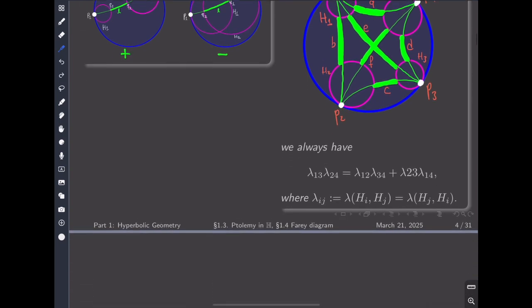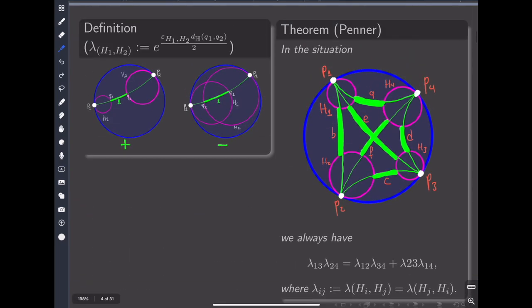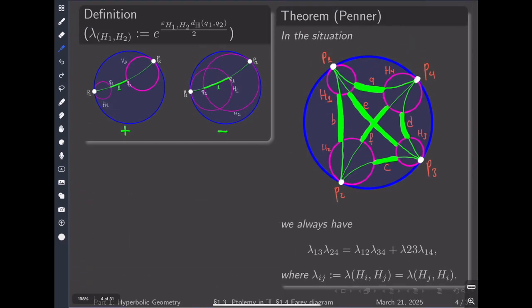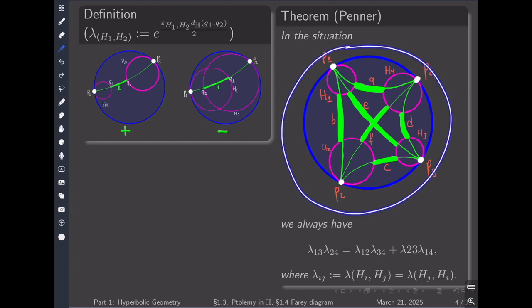Sorry, can you ask the question? So the horocycles need to be in this positive distance situation, or can they intersect? Oh, no. Of course I drew it so that the picture didn't look so ugly.